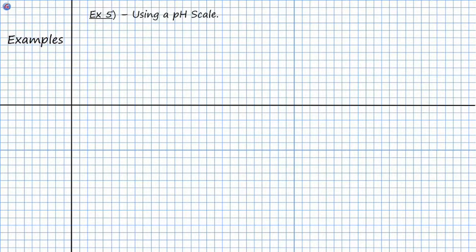But the general equation for pH is pH is equal to the negative log of the concentration of positive hydrogen atoms. And the reason that we use this negative log is because our concentrations are going to be extremely small. The quantities of these are extraordinary.